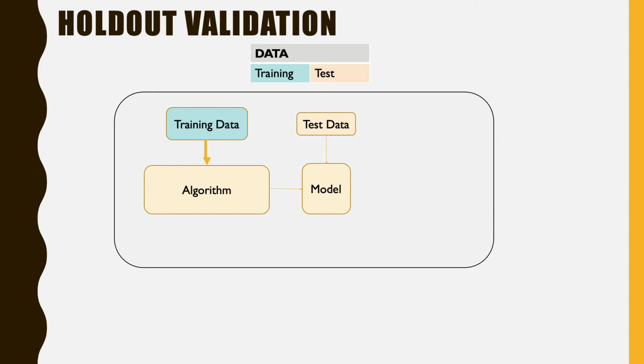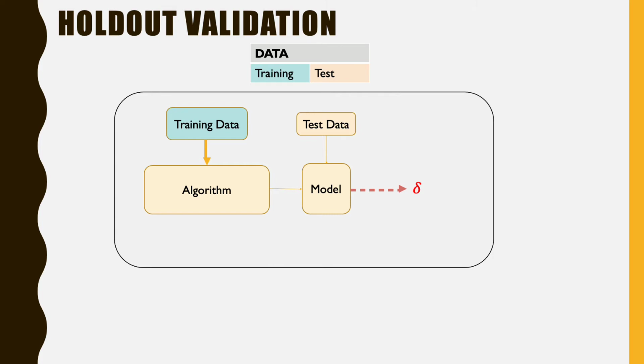Now we can use this test set and use our model to predict the class labels. Then we can take the predicted class labels and compare them to the correct class labels and estimate the model's generalization accuracy or error, which is delta in here.